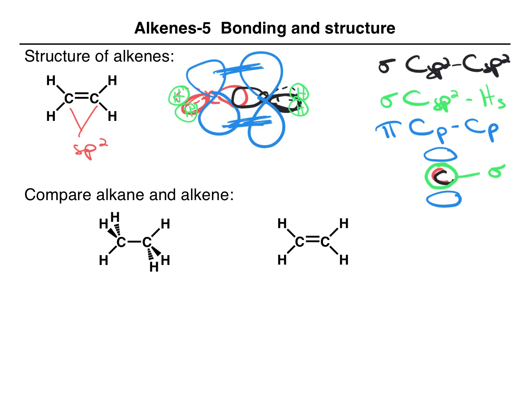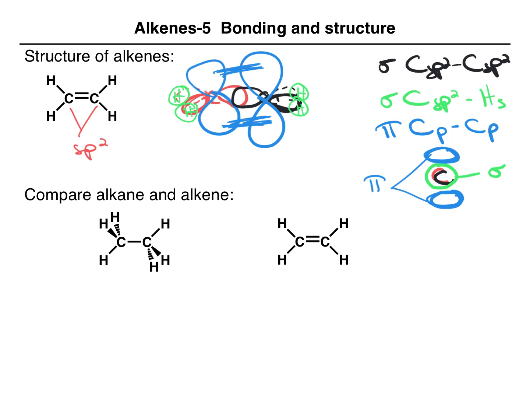And remember that here we're actually looking at, let's say this is the cloud of the red carbon in back and the cloud from the black carbon in front. The cloud of the red carbon in back, and then the cloud of the black carbon in front. So these would be the resulting clouds of electron density from our pi bond.